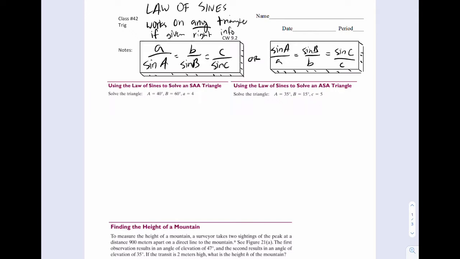For this whole chapter, you're going to need a calculator, so make sure you have your calculator ready. And notice how there are two versions of the law. Today we're going to focus on using this version right here, because this version is good for finding lengths. That's because notice how the lengths are on the top.